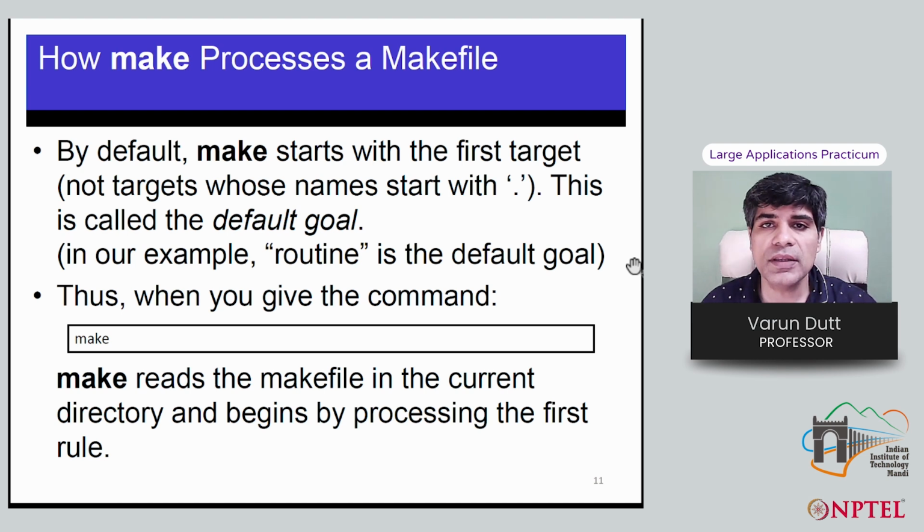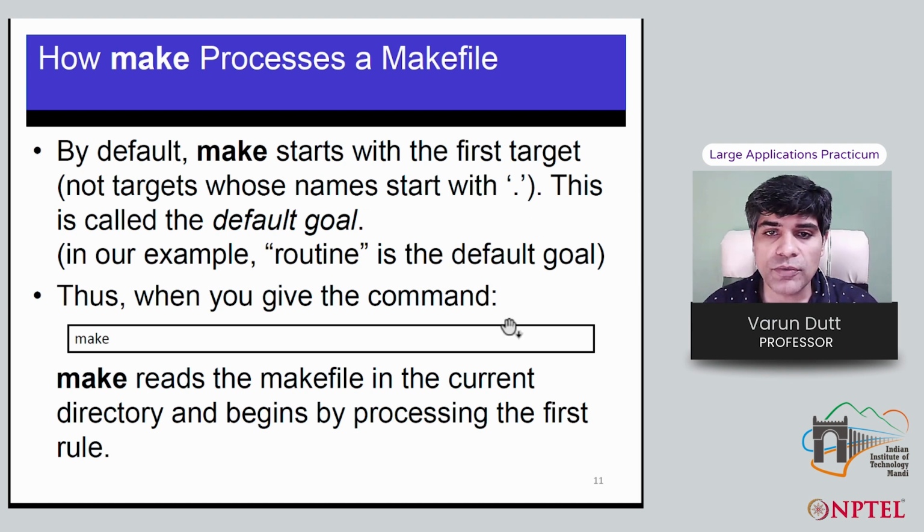Generally, these targets are written on the left hand side of the rules, and their names do not start with a dot. If a target's name starts with a dot, it is called a phony target. It doesn't lead to the creation of an executable, but it may allow us to execute a recipe statement. But generally we are talking about targets like routine or hello in the prior lecture, where we actually create an executable by this name.